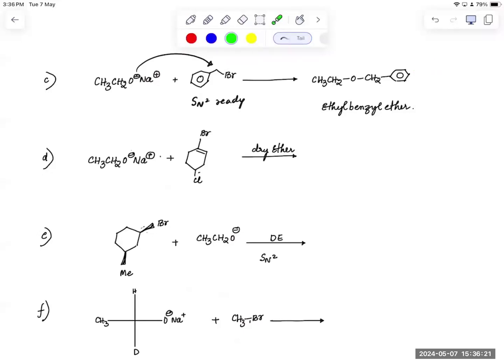Okay. Second, you will notice that bromine is at vinyl position, chlorine is at a normal position. So where should the attack happen? At the chlorine part it should happen. It cannot happen at bromine part. So that bromine part will remain. So what is the product you will get? This one. So OEt will come here. This is the product you will get.